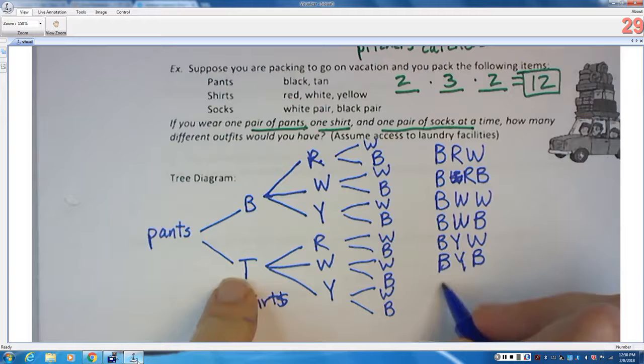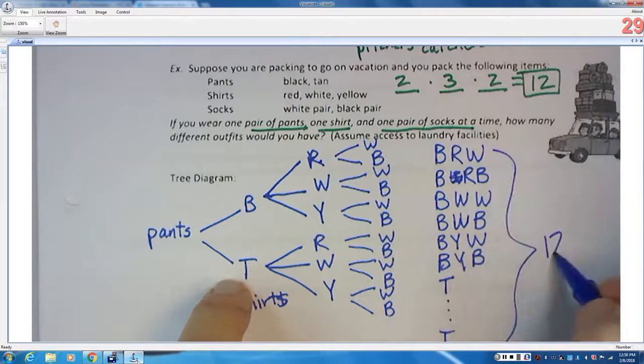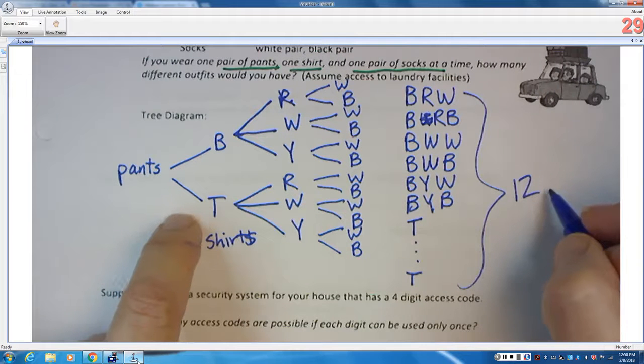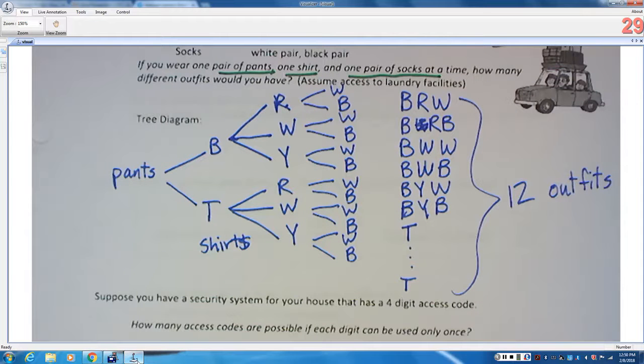Then you got all the ones that start with tan. And so you would have 12 outfits. But a tree diagram gets big fast.